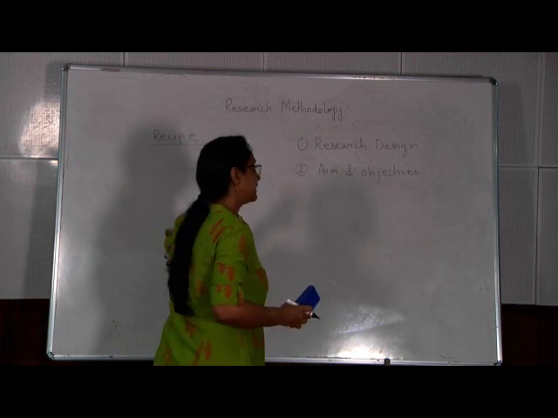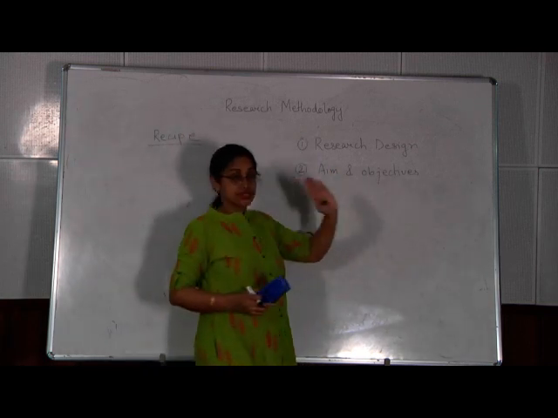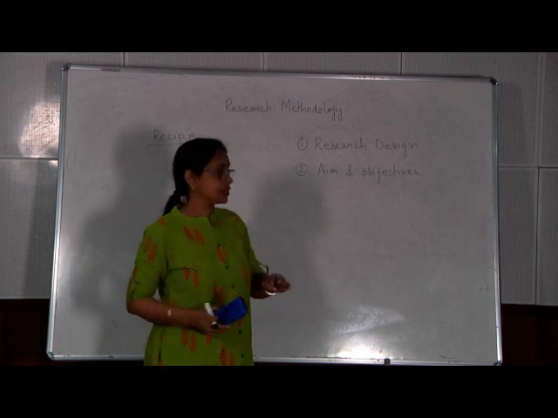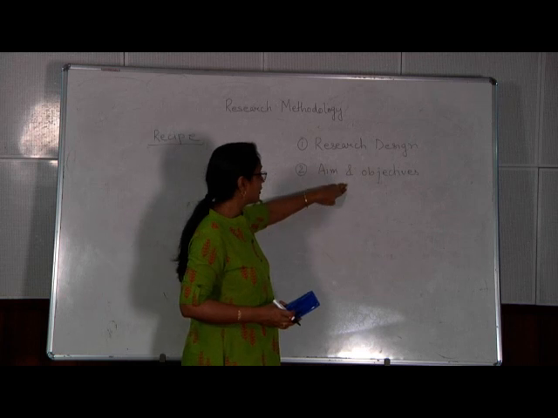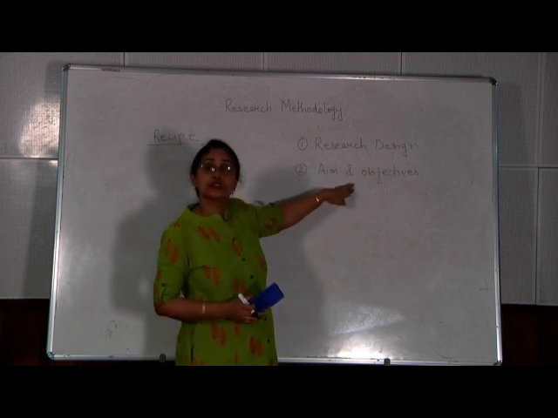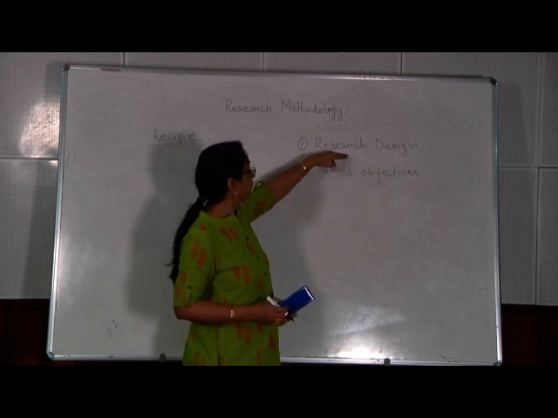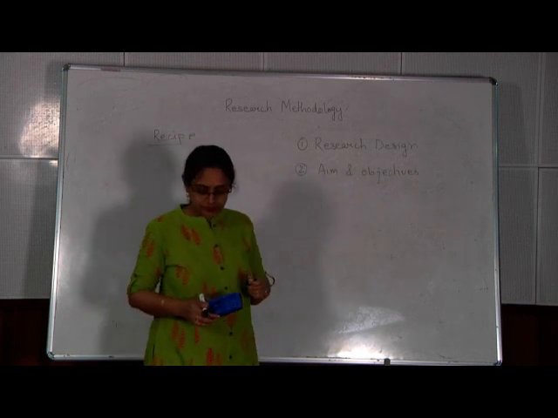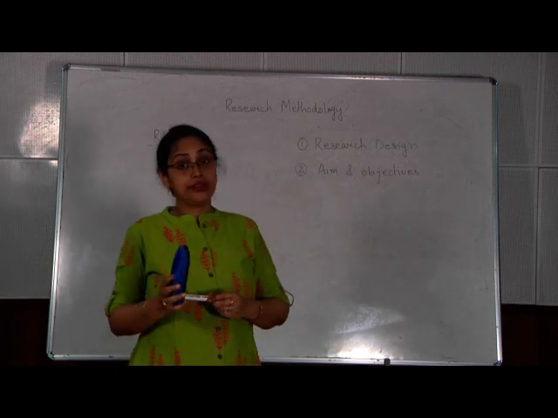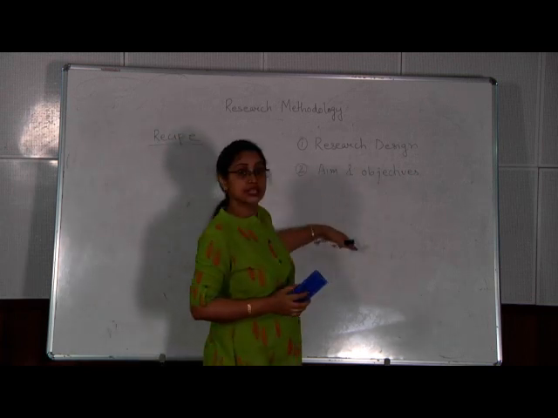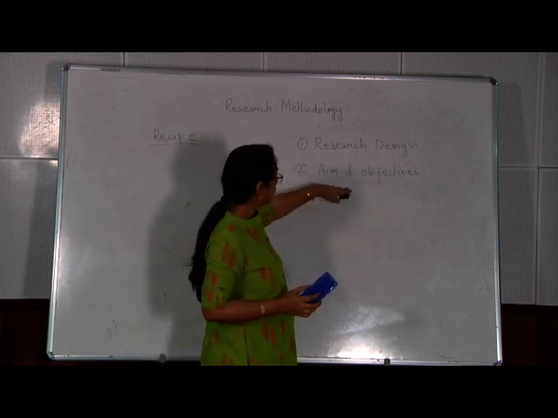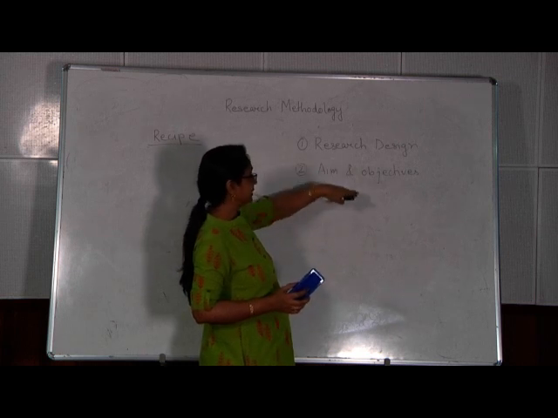But as far as your dissertation is concerned, I believe it would be better placed here in the research methodology chapter, following the research design. Why here? Because everything that you're going to state is going to be drawn from the aim and the objectives.